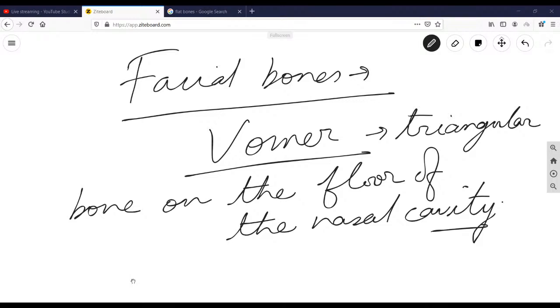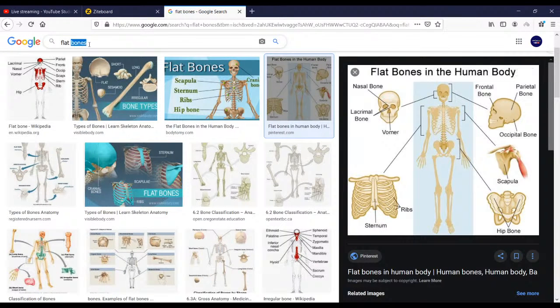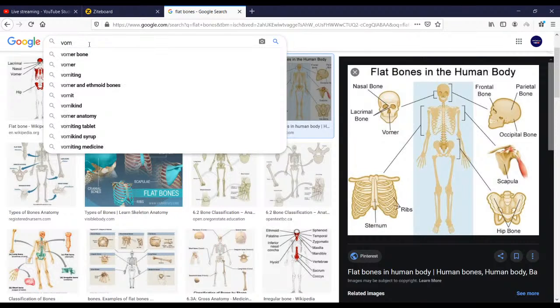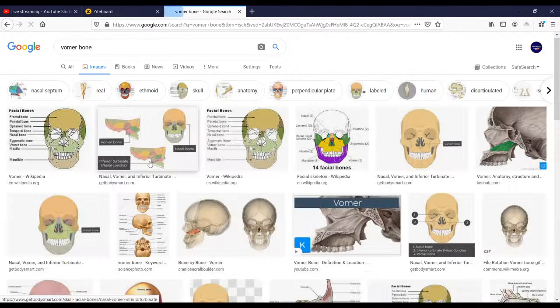So vomer, I'll just show it to you. It will be very clear. Vomer bone. Okay, you can see the facial bones here.